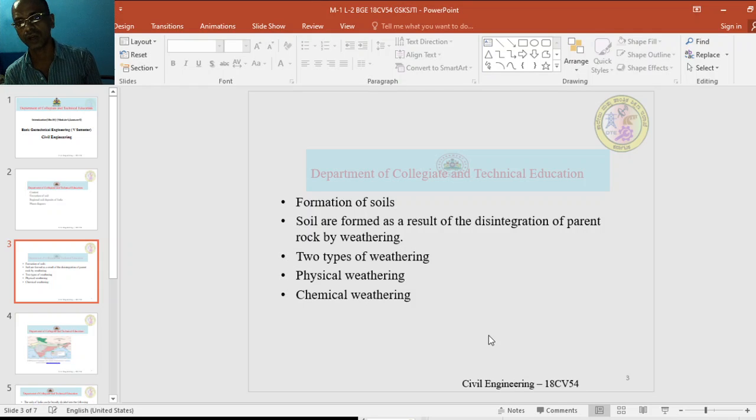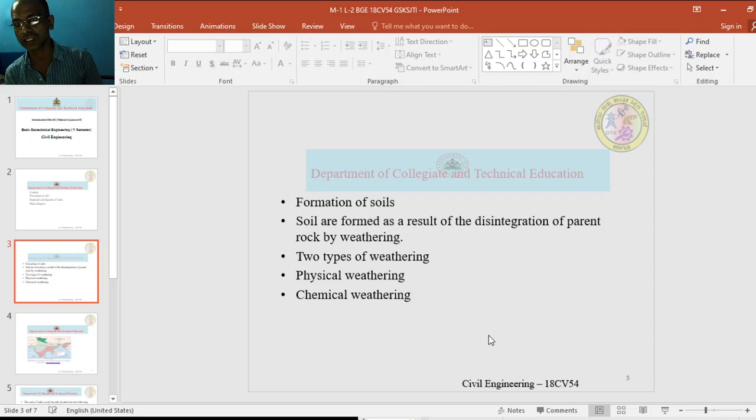Residual soil means after the process of formation, if the soil rests on the parent rock itself, at the origin of its formation, then it is called a residual soil deposit. Whereas transported soil deposit means after its formation, it has moved to some other area, where it gets deposited and consolidated. Such a soil is called transported soil deposit.